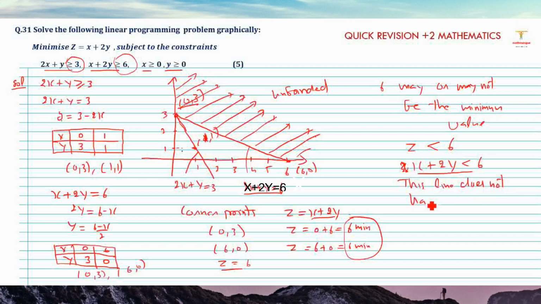So if it does not have a common region, what does it mean? It means z is equal to 6 is the only minimum value, right, clear. So this is all about this question, children.